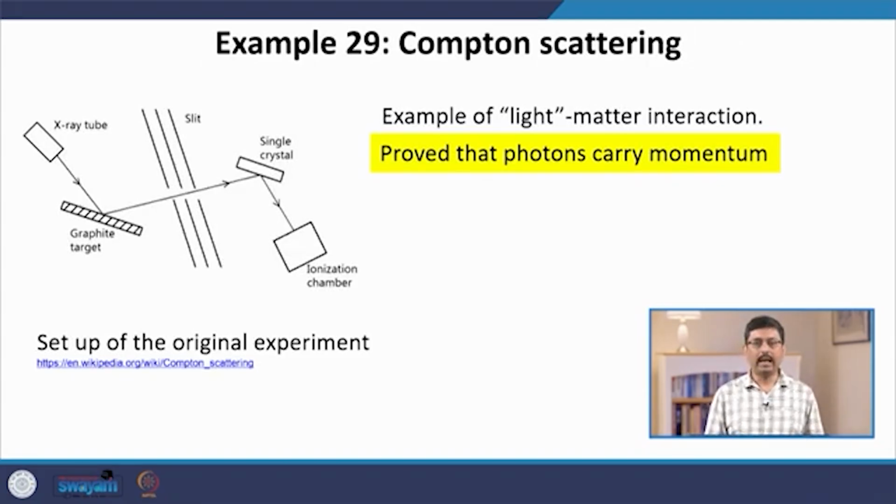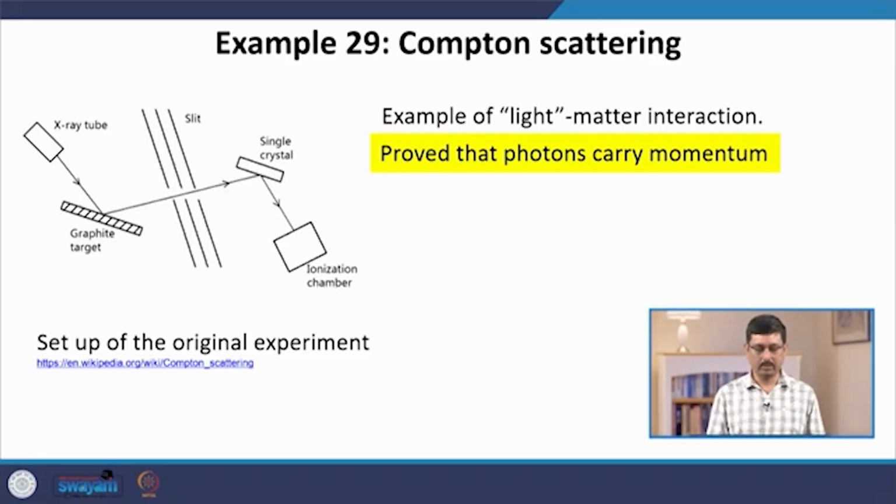This is another extremely fundamental experiment in physics. I am sure some of you who have taken courses in modern physics or quantum mechanics have come across this example.